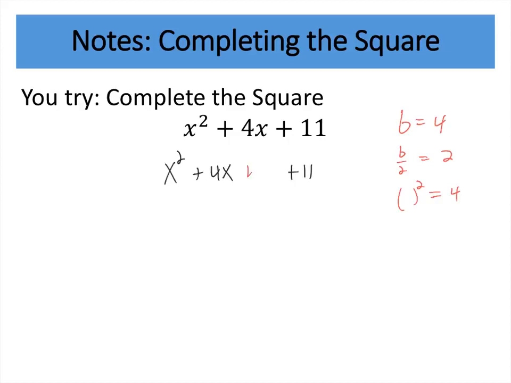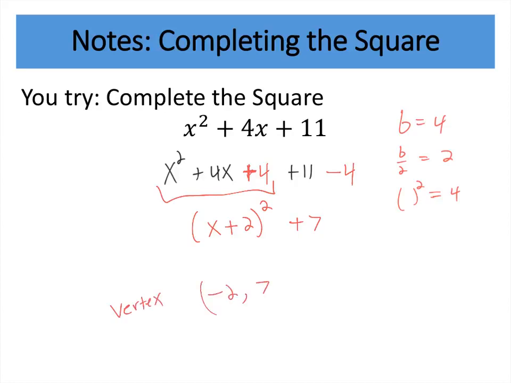I'm going to add the 4, and subtract the 4. This is my perfect square. I get x plus 2 squared, and my leftovers, 11 minus 4, and my vertex, if I were to calculate the vertex, is negative 2, 7.